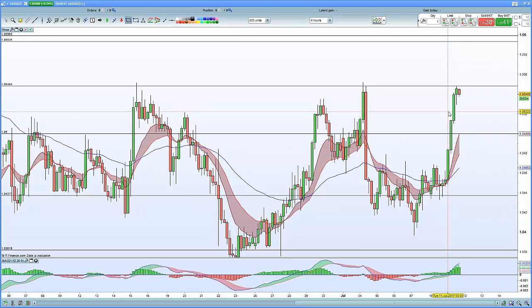So I believe the probability for the short side is higher, in that the price will start retracing downwards. Just like a rubber band effect. If you look at the swing here on the Aussie Kiwi on the 4-hour chart, it's like a rubber band being stretched, and sooner or later it might snap back to a neutral level.